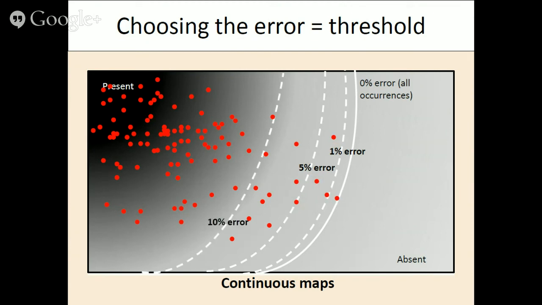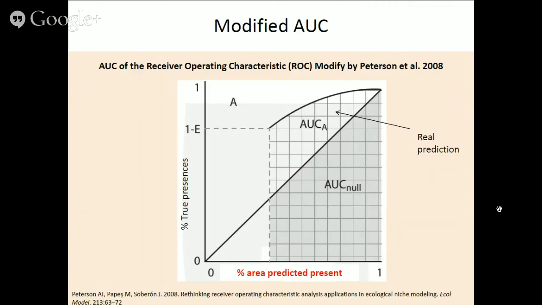So these are going to be the areas that are going to be used in this configuration of measure of error. This is going to be the real prediction, the area that was predicted after using the threshold, and this line is going to show us the limit of null models.